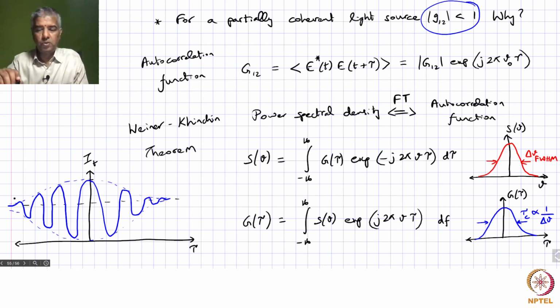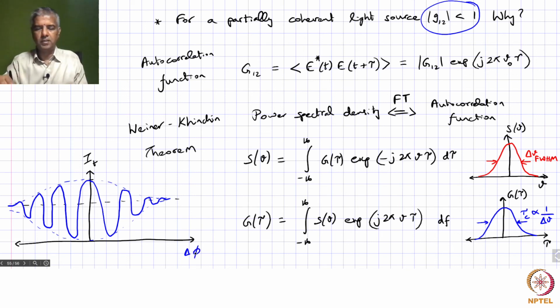So, of course, if you go for quite narrow line width, when delta nu is very small, then that means tau c is very large, and then this will just sort of get flattened out. So, you will see these fringes going from minimum to maximum over larger values of tau, or in other words, we can actually represent this in terms of delta phi now, right.